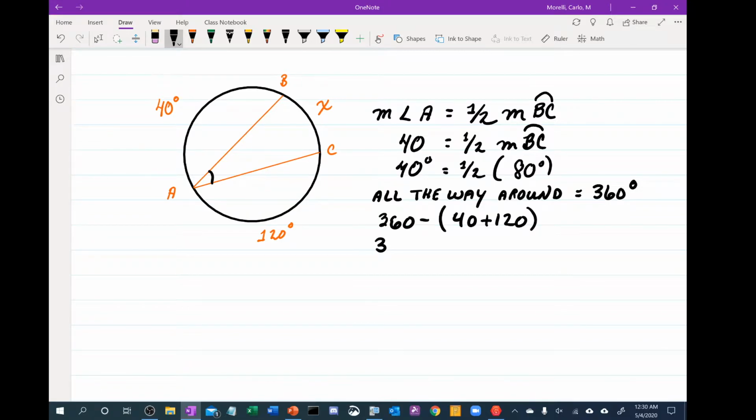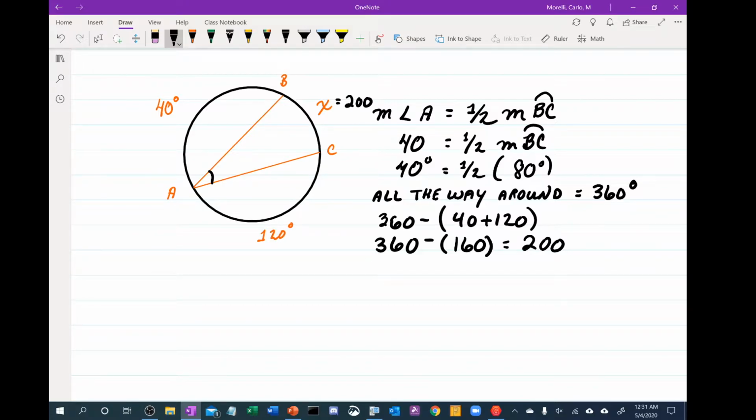Well, let's see what that would be. 360 minus, and then 40 plus 120 is 160. And so we just have to do 360 minus 160, which would be 200, right? So that would equal 200. And so x equals 200.